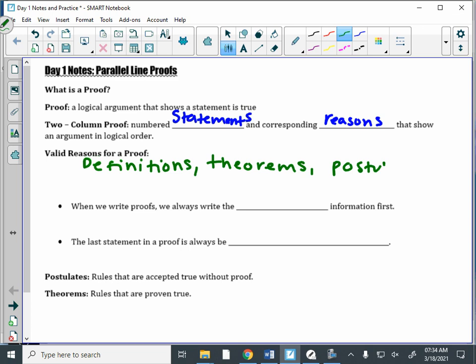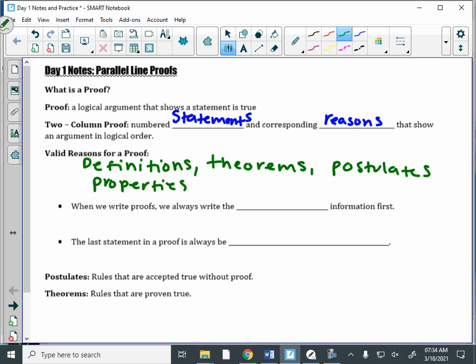Postulates and these things called properties. You'll often see these things as your reasons. We talked about postulates at the beginning of the year and theorems at the beginning of the year. The definitions of words, or types of angles, postulates, theorems, properties. These are what we use.